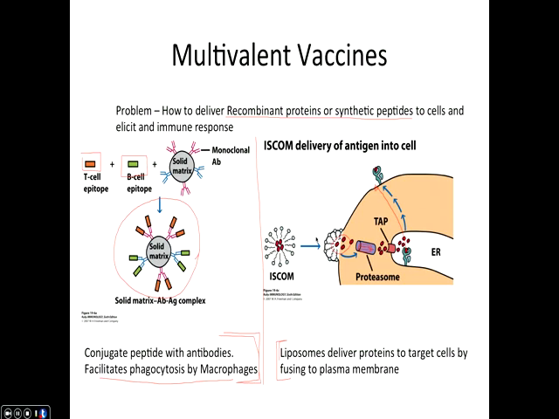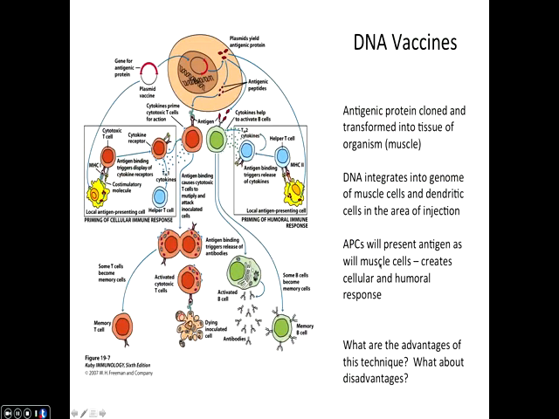Another way, through these liposome-type transport vesicles, gets peptides presented on MHC class 1 receptors. Those are two separate techniques for getting antigens or epitopes presented on cells.